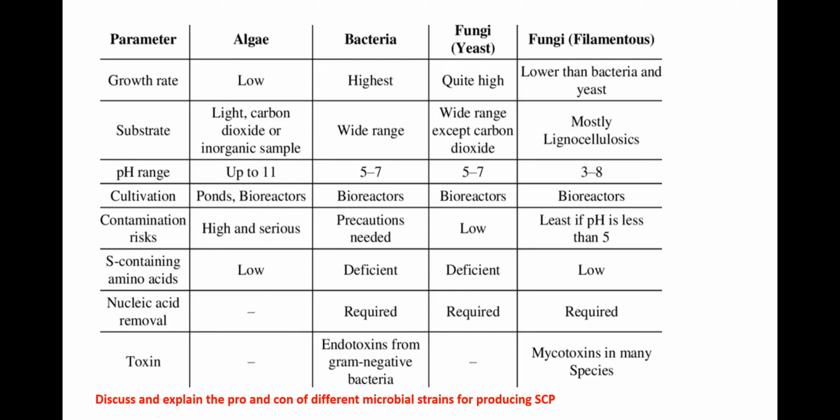So you can draw this diagram and elaborate. For example, in terms of growth rate, 1, 2, 3, 4, 5, 6, 7, seven parameters that you can compare. So in the exam, if you can remember three or four, that will be good enough.